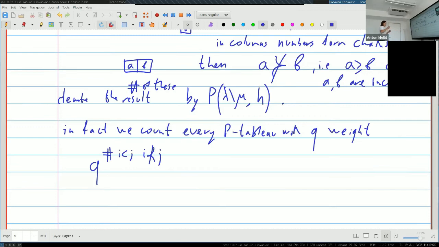So i is less than j, but not too much less than j, such that they are in the wrong order in our tableau, such that i is to the right.